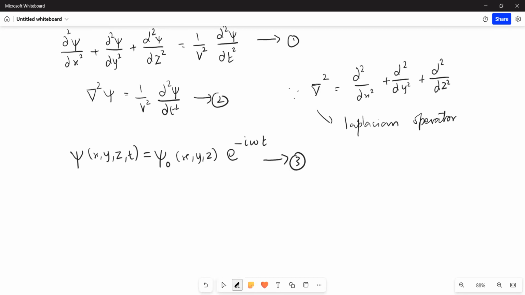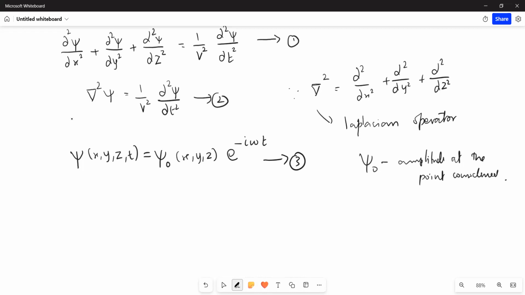Here psi naught is the amplitude at the point considered. It is a function of position only.